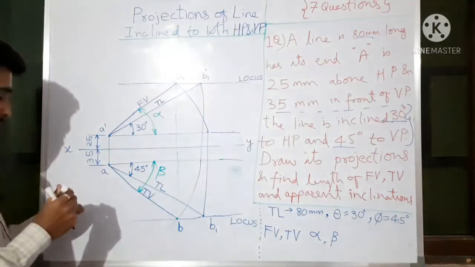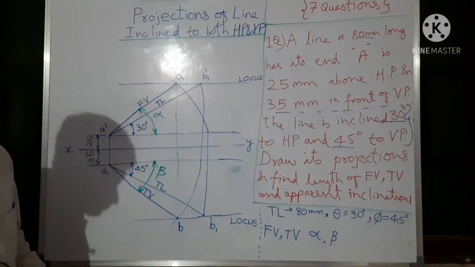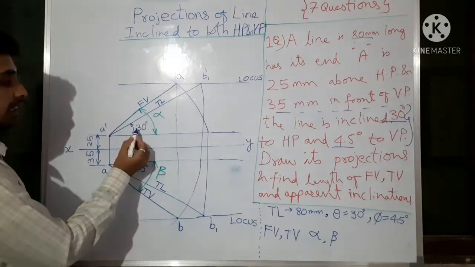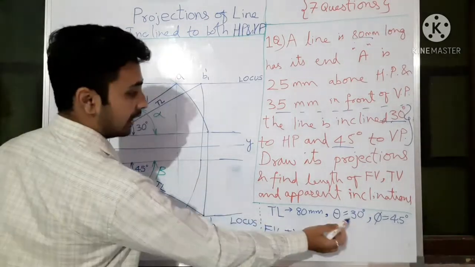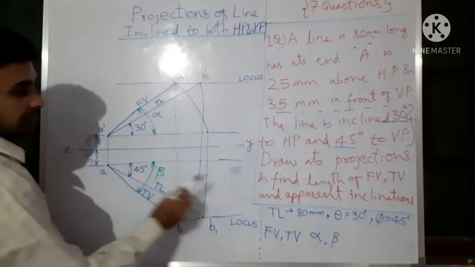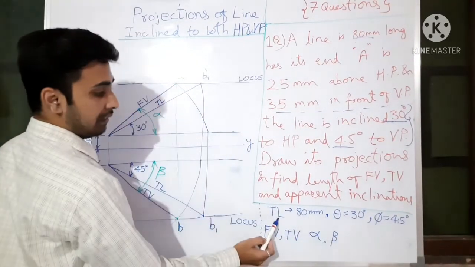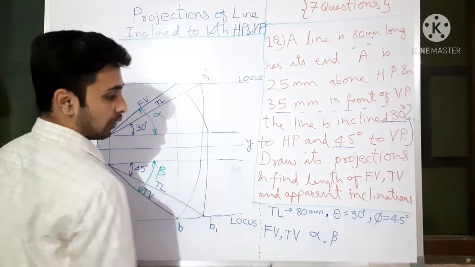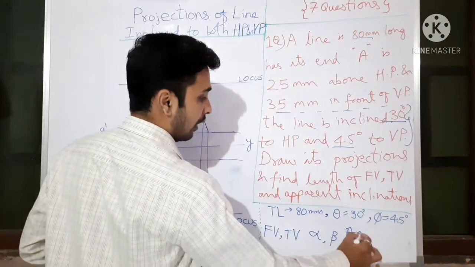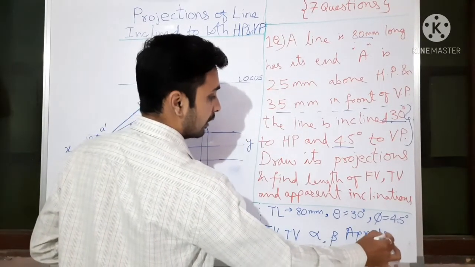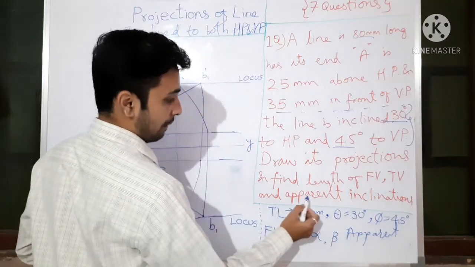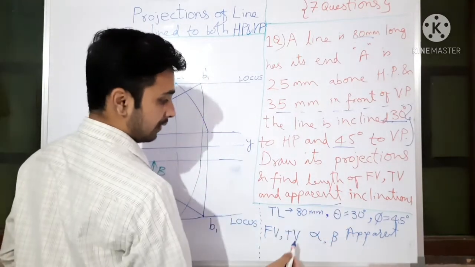Okay, this you need to remember. Whereas 30 inclination with HP is theta, 45 degree inclination with VP is phi. So theta and phi will always be with the true length, and alpha and beta are called apparent inclinations. Here apparent inclination means this alpha and beta.